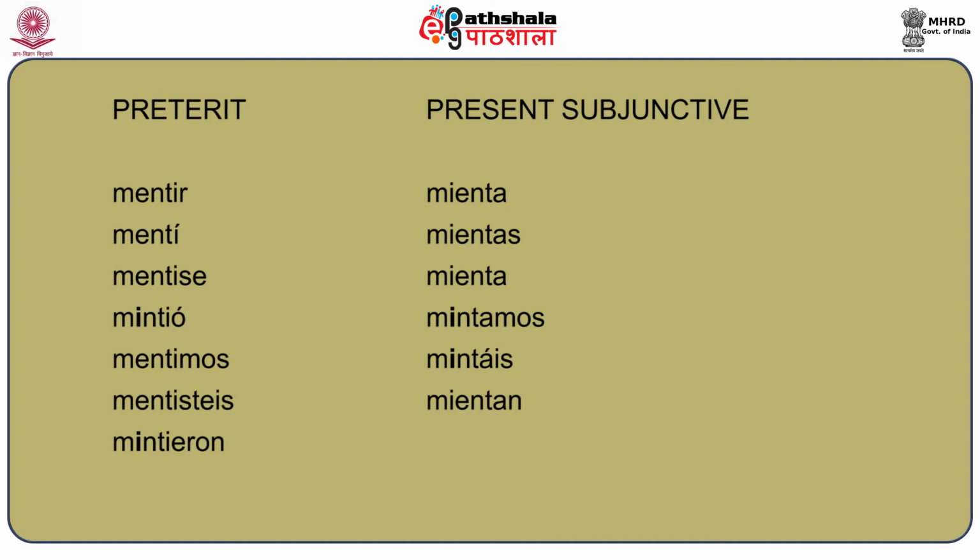The same conjugation change will undergo in the present subjunctive for the nosotros and vosotros form as well. Thus, the conjugation of the verb mentir in the present subjunctive is like yo mienta, tú mientas, él, ella, usted mienta, nosotros mentamos, vosotros mentáis, ellos, ellas, ustedes mientan.